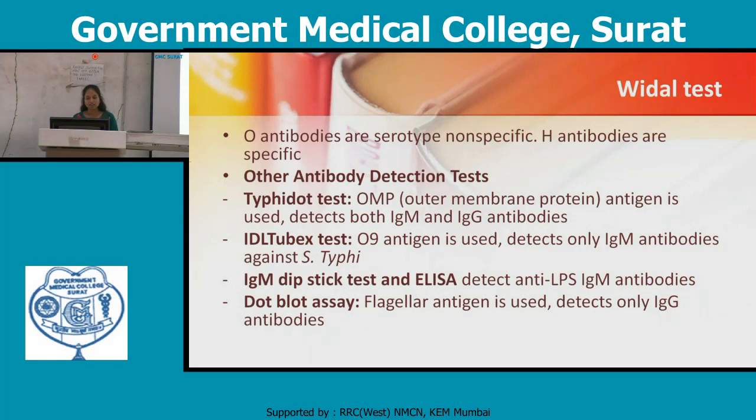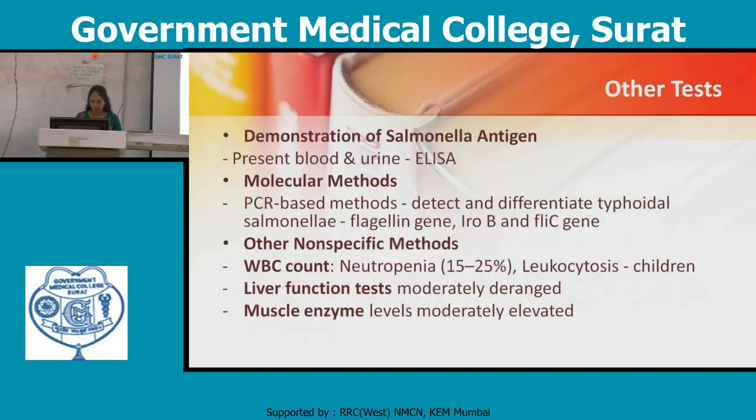In the dot blot assay, flagellar antigen is used and detects only IgG antibodies. Another test is demonstration of Salmonella antigens present in blood and urine by ELISA. Molecular method: PCR based methods detect and differentiate typhoidal Salmonella, using the flagellin gene, iroB and fliC gene.